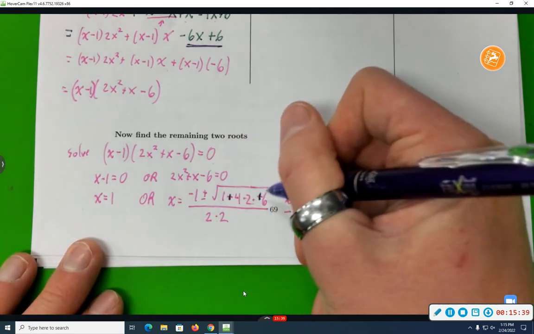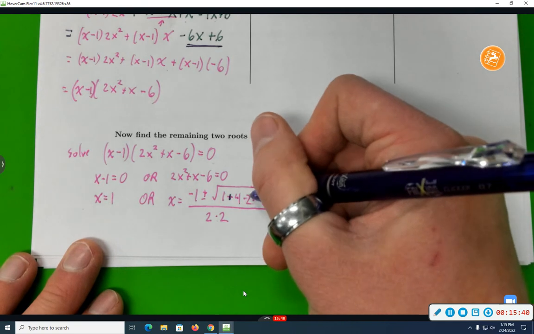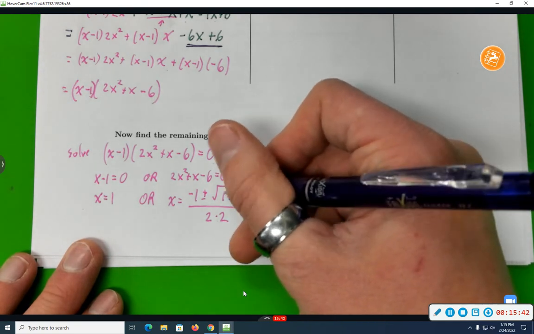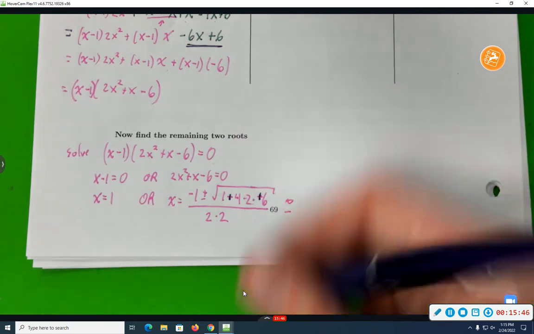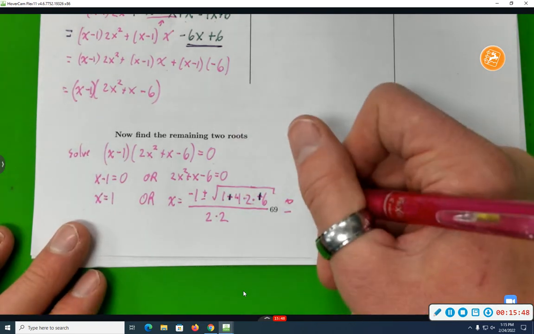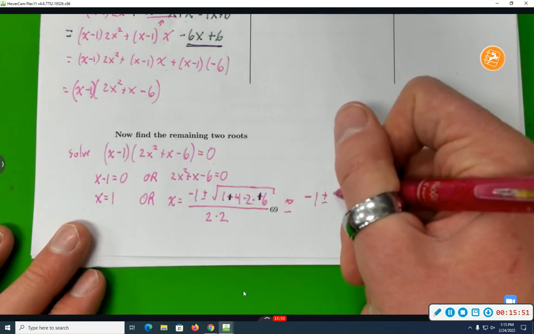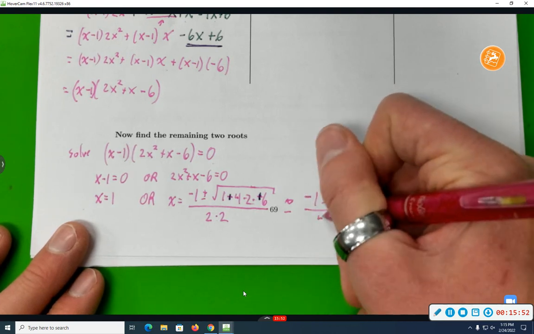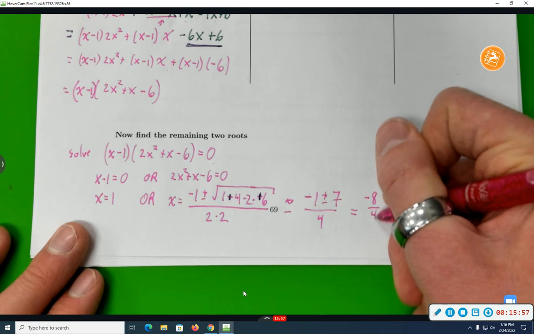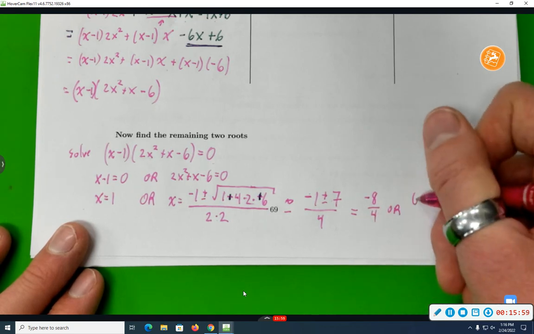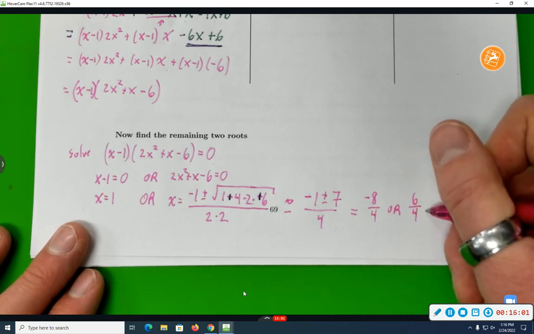Those two add, let's see, 6 times 2 is 12, times 4 is 48, plus 1 is 49. What's the square root of 49? 7. That's nice. Negative 1 plus or minus 7 all over 4. Negative 8 over 4, or 6 over 4.